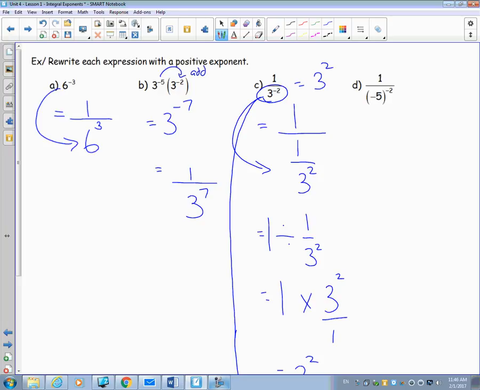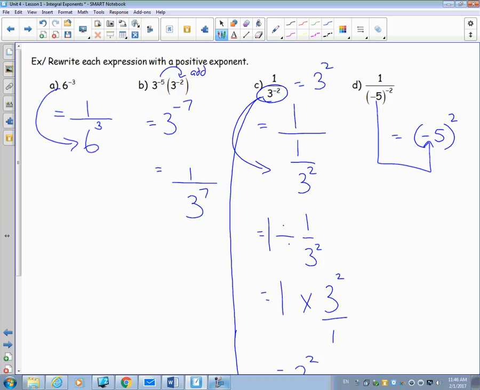So with that in mind, if we look at letter D, I see a negative exponent on the bottom. I move it to the top and make it positive. Now notice I didn't change the sign, right? It's still a negative number. That's fine. It's negative exponents that we don't like.